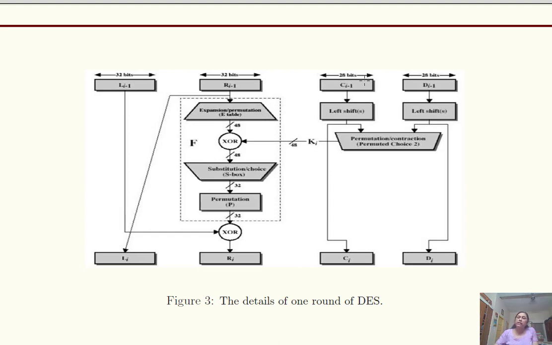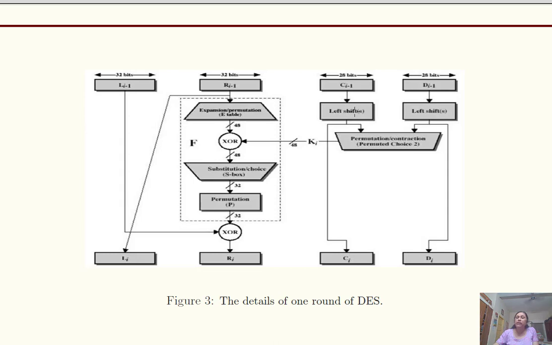You apply a permutation, and whatever you get is also 56-bit, and you divide it into two parts, 28-bit and 28-bit.